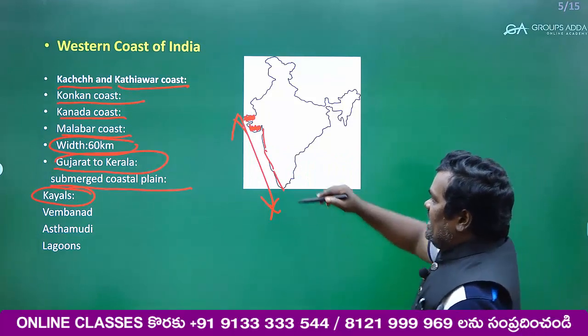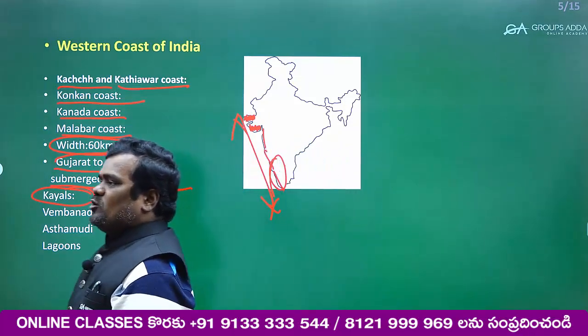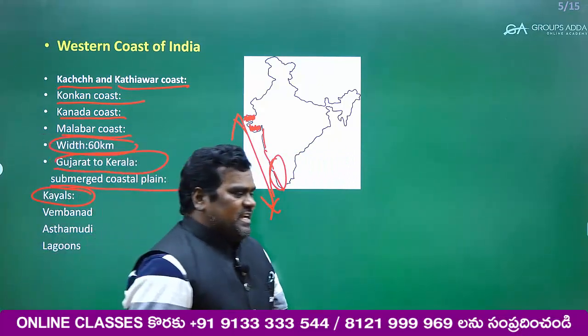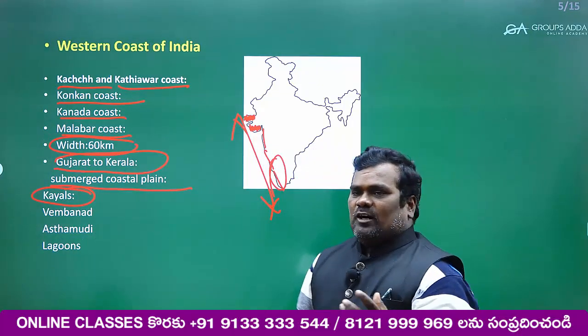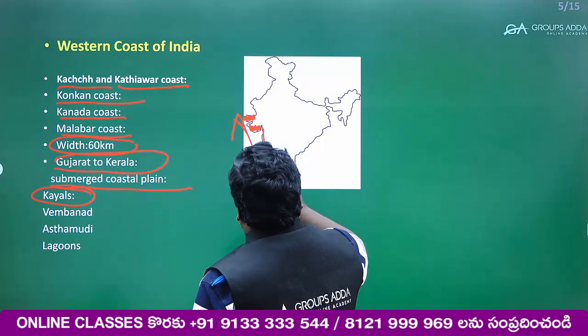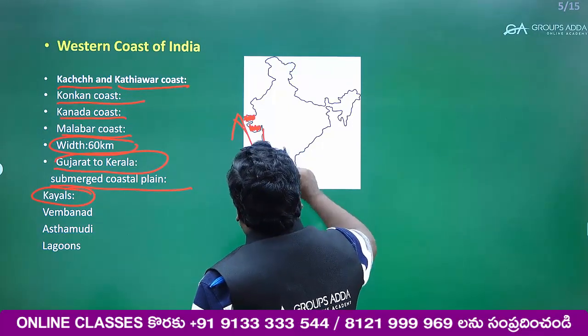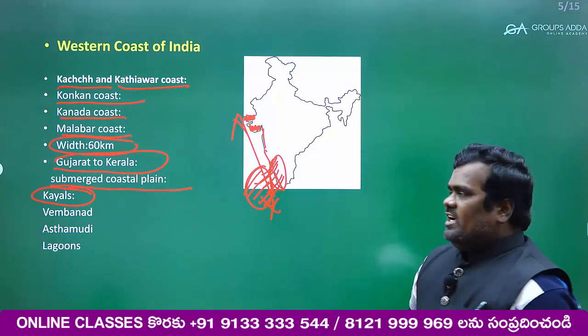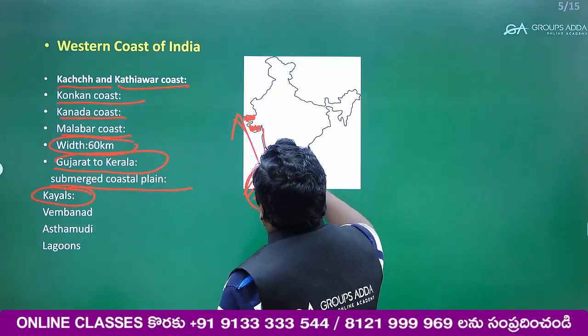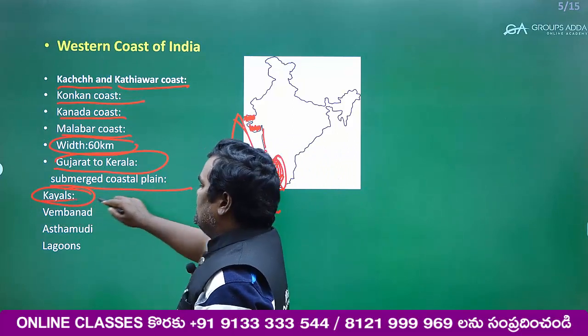Okay, if you observe this Kerala coastal line, Malabar coastal line, see here, the water which is in the sea entered into the mainland and was blocked here. Such things are called kayals.